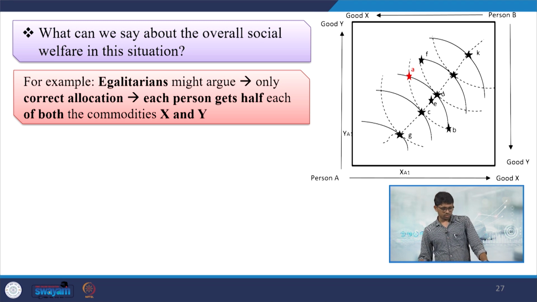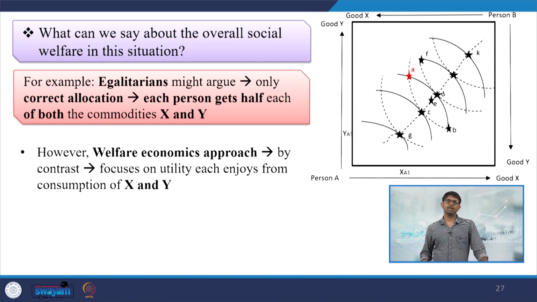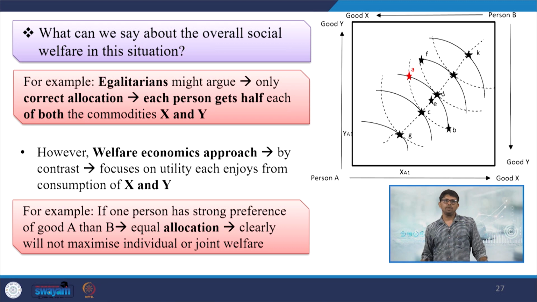We count sometimes the concept called the egalitarian approach, that is simply allocating equally by dividing the share by half of each of both commodities X and Y. However, the welfare economics approach, by contrast, focuses on the utility of each person who enjoys the consumption of X and Y. If one person has a strong preference for good A, then B with equal allocation clearly will not maximize individual or joint welfare.